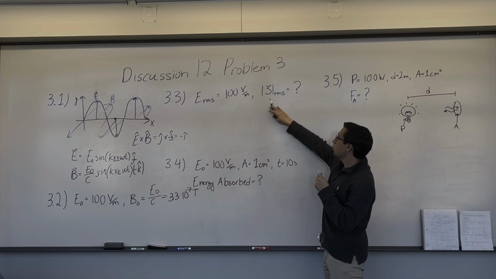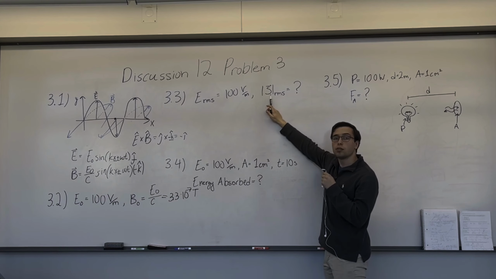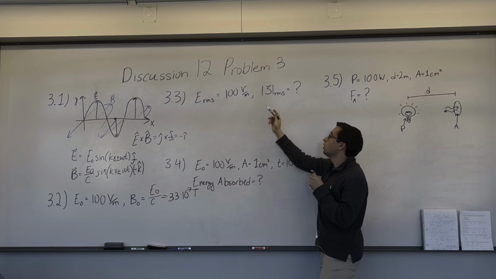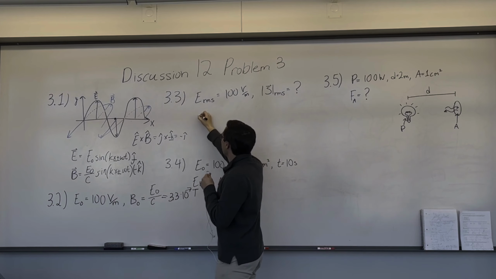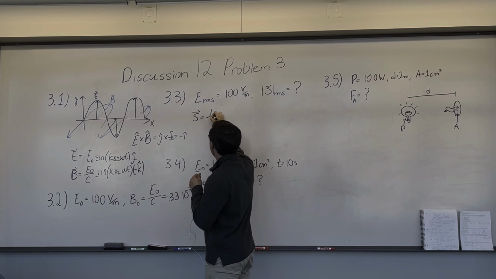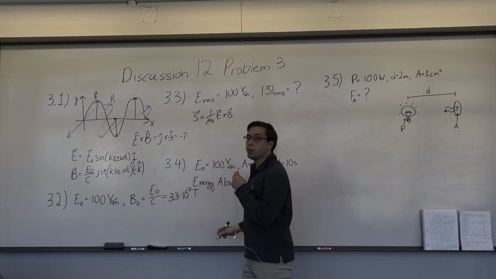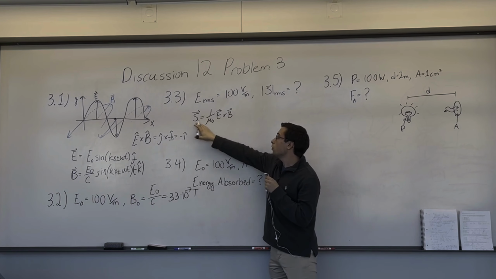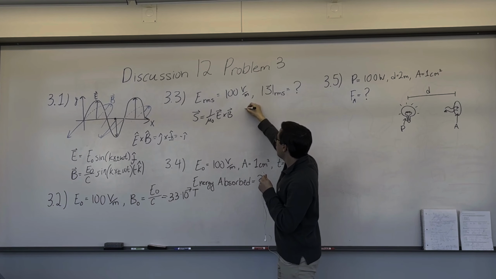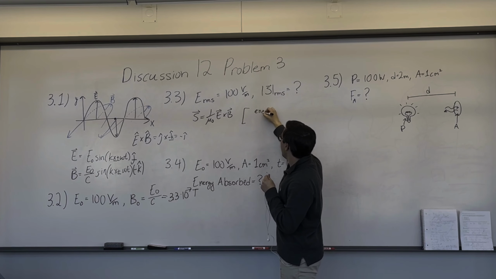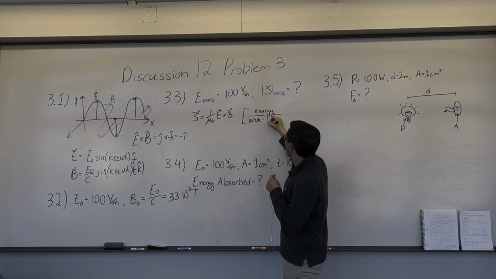And intensity, whenever you hear that, you should think of this Poynting vector, S. And the reason is because of the units of this S vector, which we should know are energy per area per time.